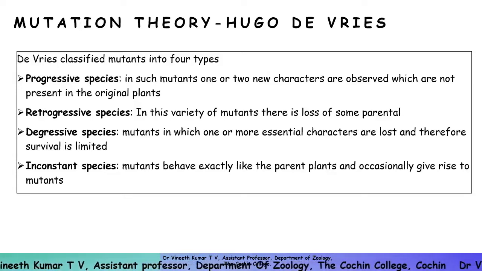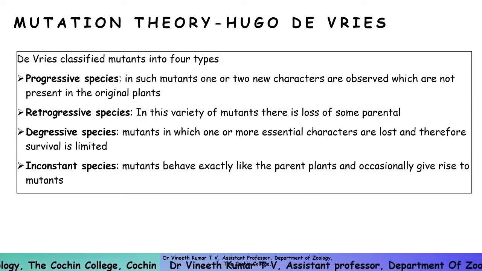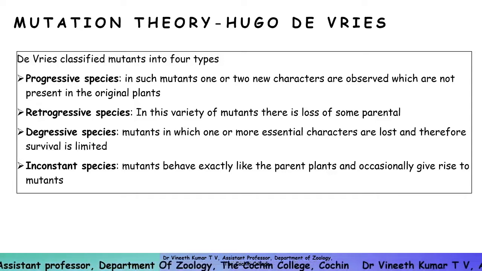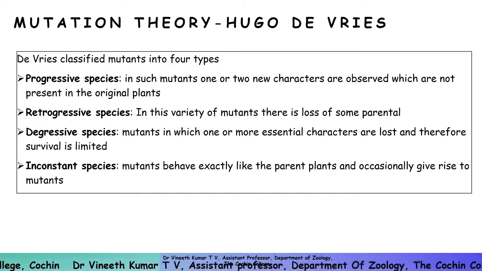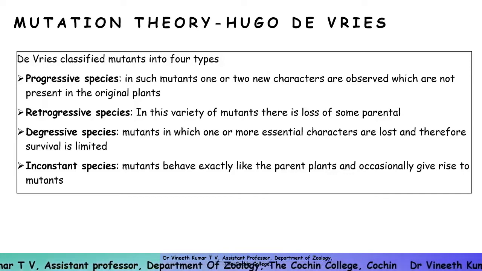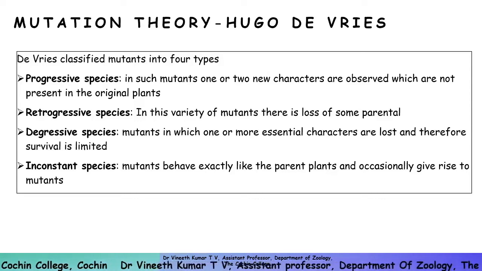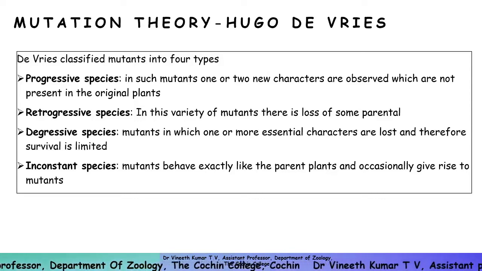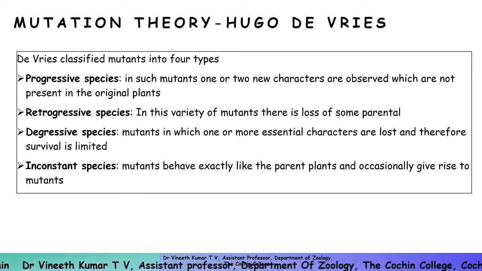And digressive species are those mutants where one or more essential characters are lost. Therefore, their survival is limited. So the difference between retrogressive and digressive is that in retrogressive, all the essential characters are present, but some parental features are absent.